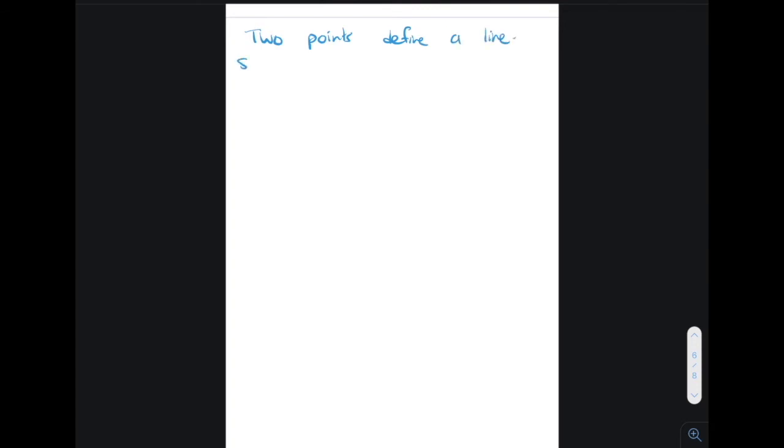You might know from geometry that 2 points is enough to define a line under most geometries. And similarly, because our linear functions can be thought of as lines, 2 points is enough information to define a linear function.